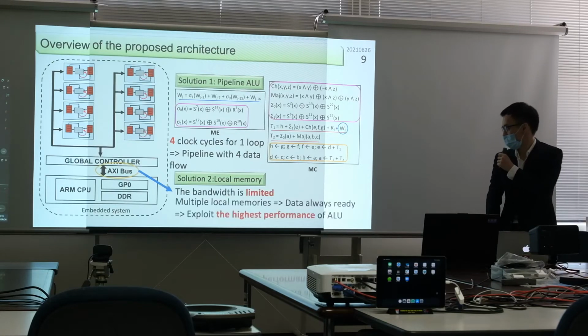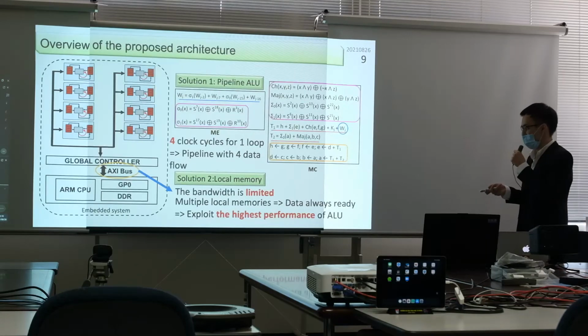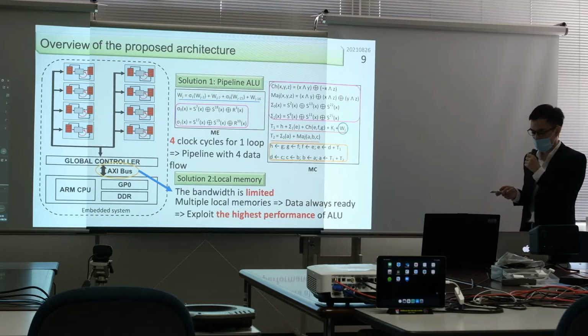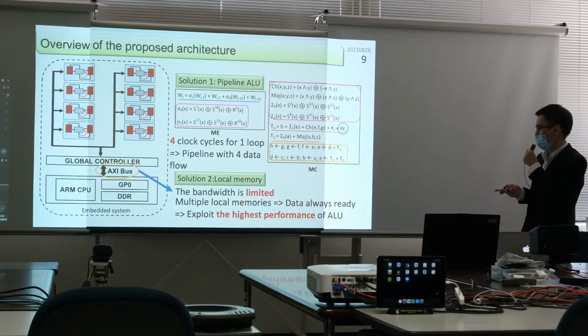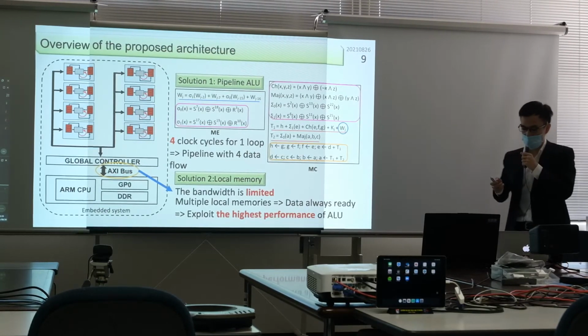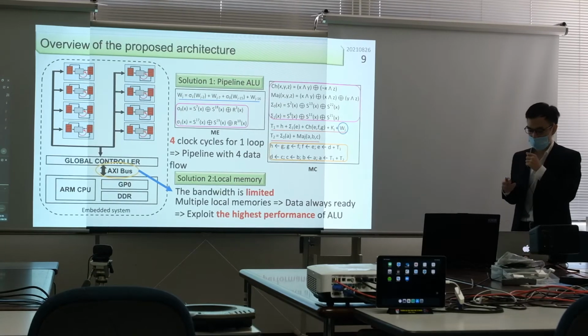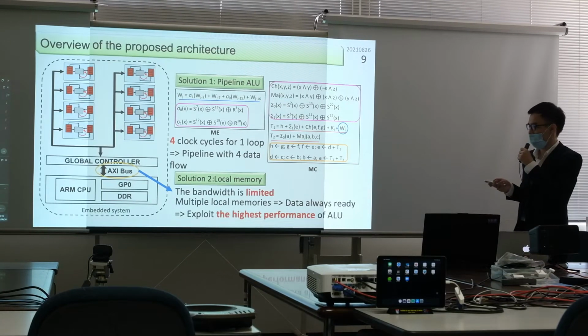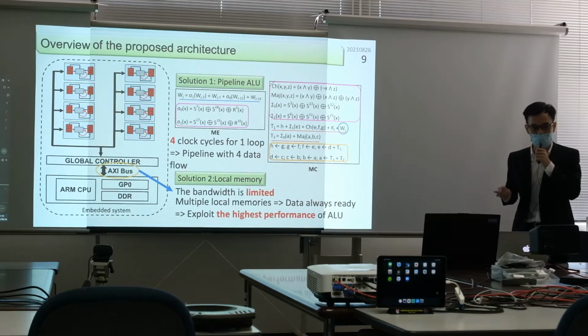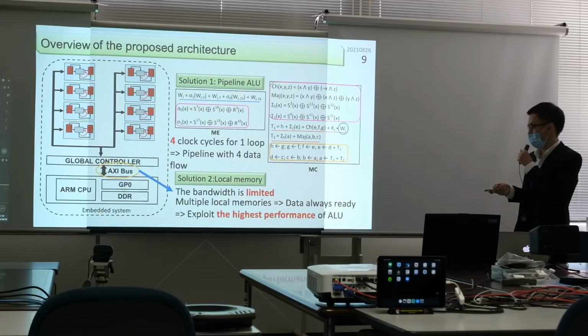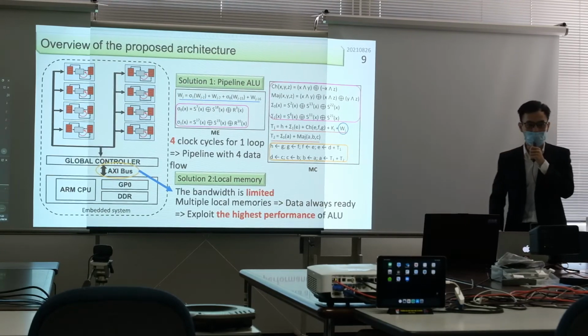So we design multiple local memories inside the PE, used to temporarily store the input data inside the PE, so the input data is always available before the RU starts, and we can exploit the higher performance of the RU.